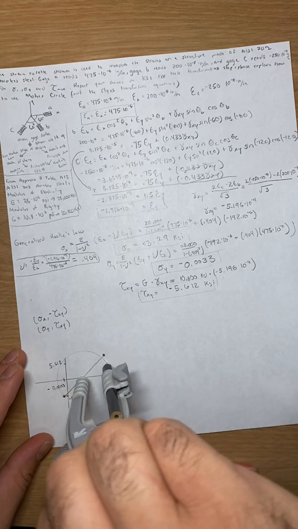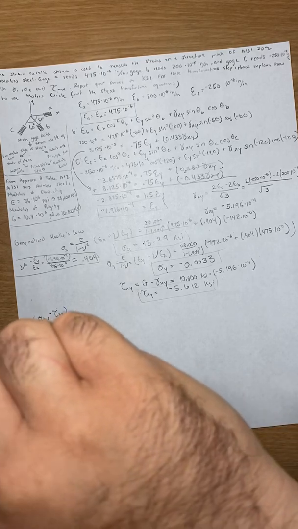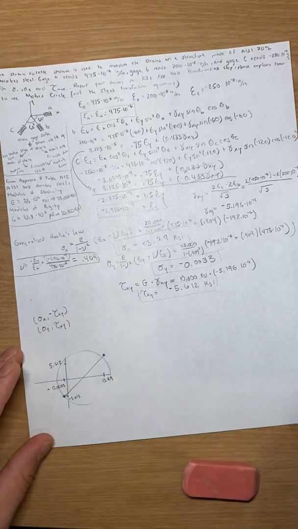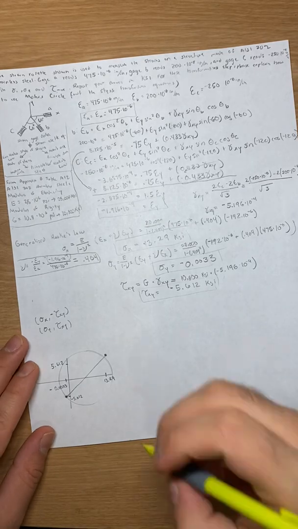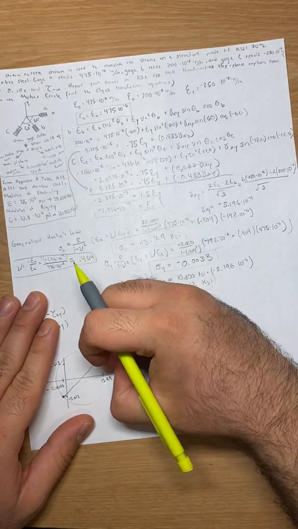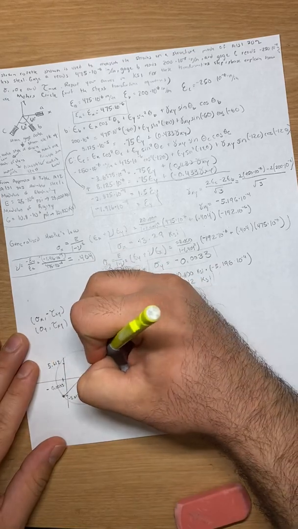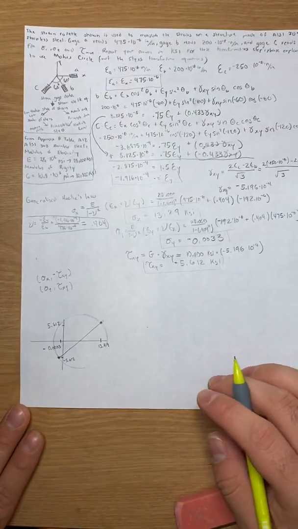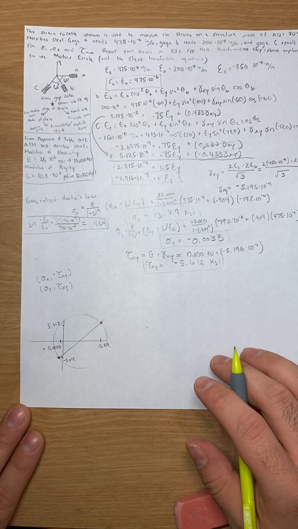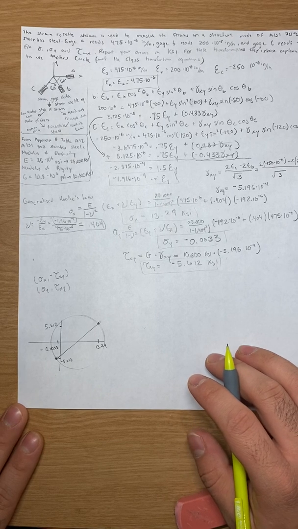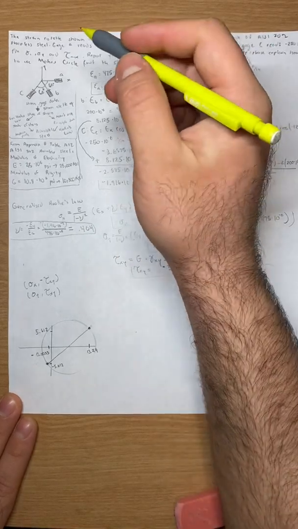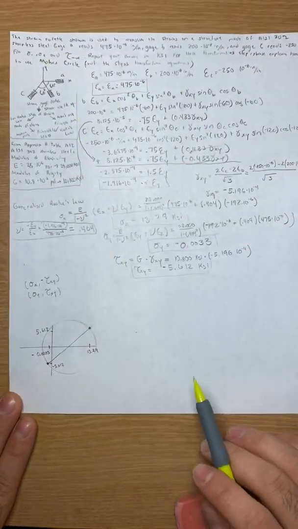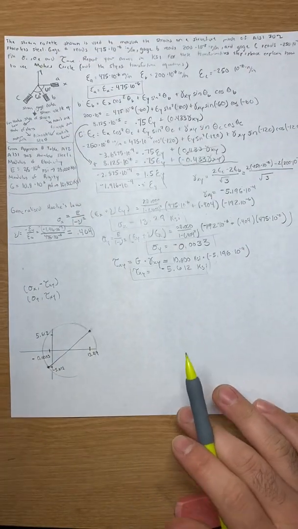So if I draw my circle, it's supposed to intersect. From here, using the Mohr circle, we can find our principal stresses, which is our sigma 1, sigma 2, and that's what we're looking for.